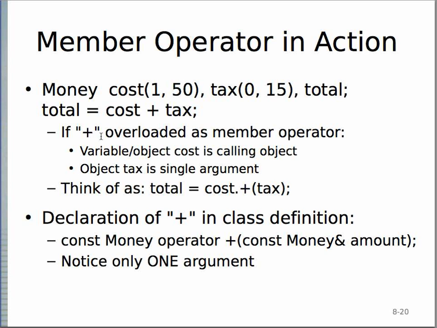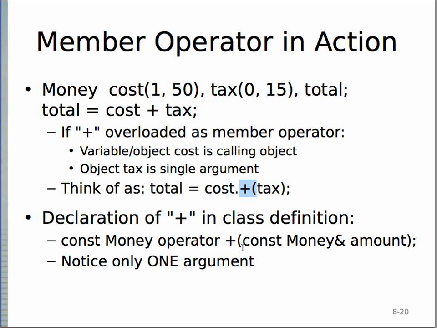If this plus is overloaded as a member operator, this is like saying cost.plus(tax). So the object tax is the only argument that you need. You can think of it as total is equal to cost dot, using dot notation like in Java, to access the member operator plus, and then the one parameter, which is the right-hand side of the plus.